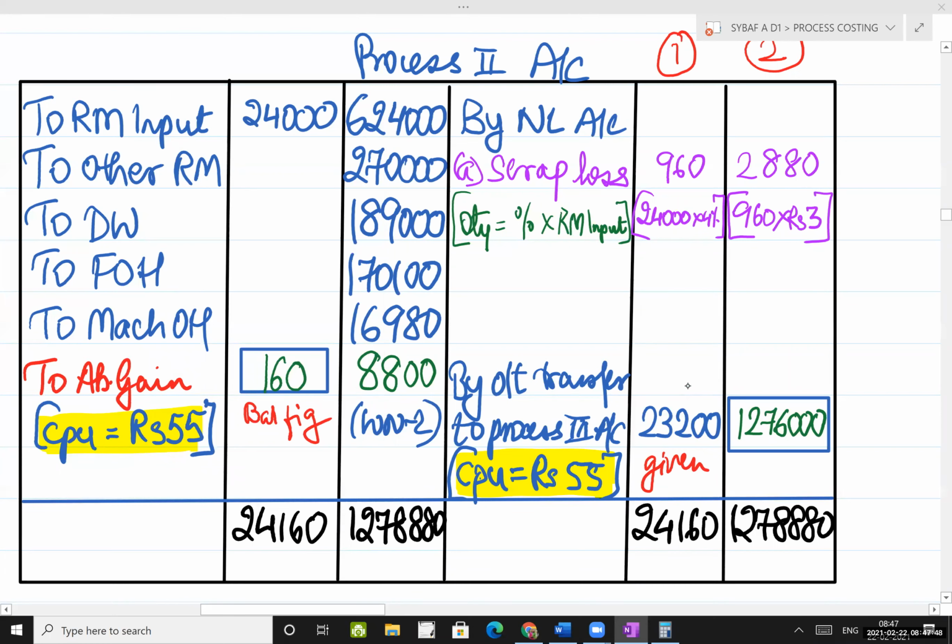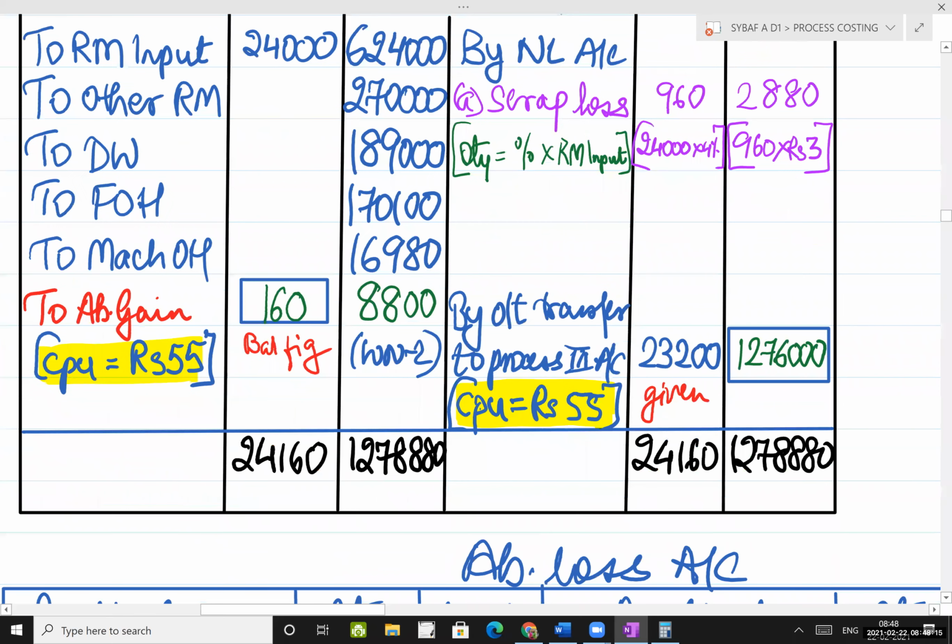Is this clear to everyone? Process 2 is clear. Acknowledge it in the chat box. Okay, great. Fine. Now next.